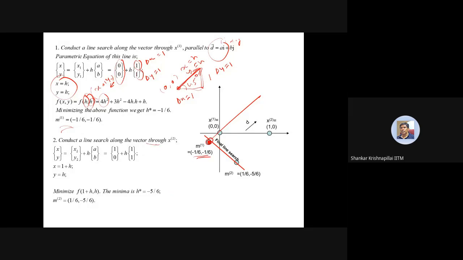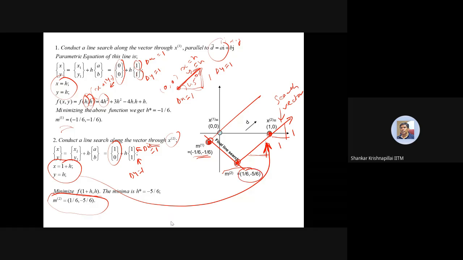Next, conduct a line search through x2. x2 is this. This is the search vector. So what is the equation of this search vector? Now the starting point is 1, 0, and this value is 1, 1.